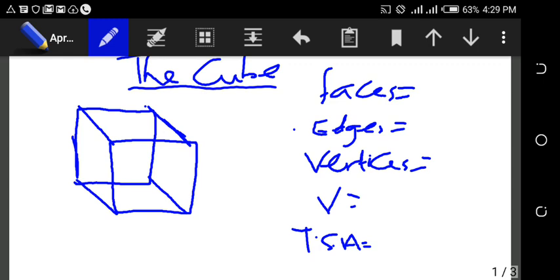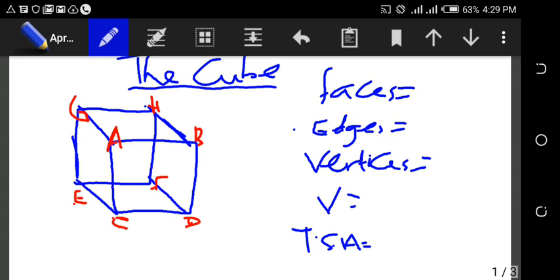So we have here A, we have B, we have C, here we have D. And here we have E, F, we have the G here, and the H here. The lettering is not really in alphabetical order, but I hope you can see that. So we have the lettering A, B, C, D, E, F, G, H.